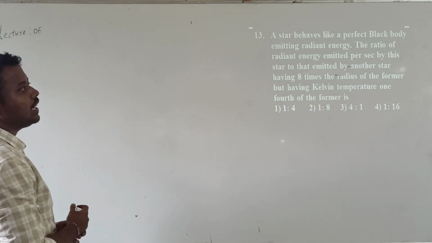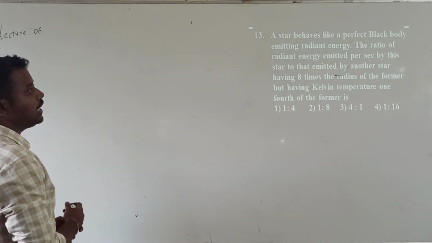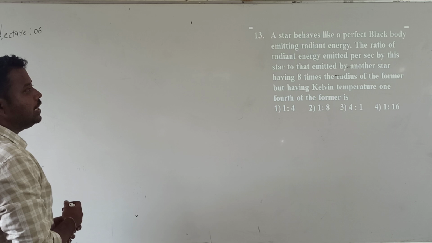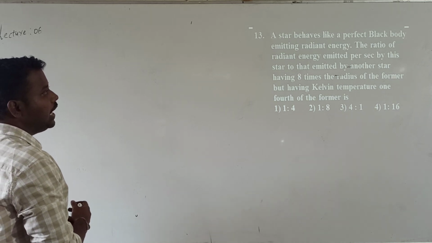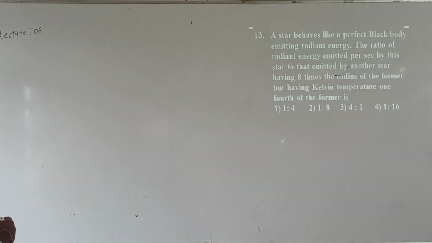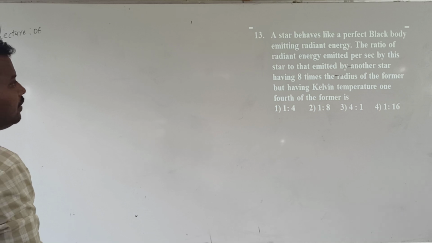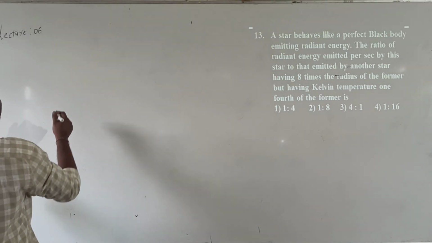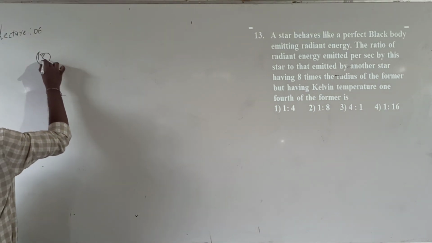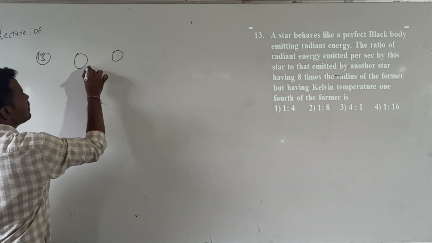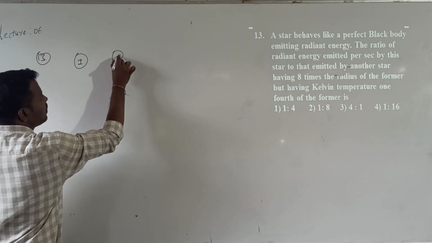A star behaves like a perfect black body emitting radiant energy. The ratio of the radiant energy emitted per second by this star to that emitted by another star having 8 times the radius of the former, but Kelvin temperature is 1/4 of the former. There are two stars, spherical in shape, star 1 and star 2.